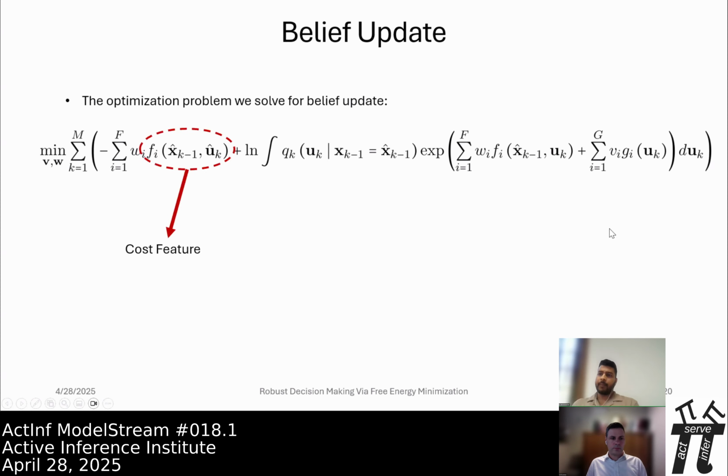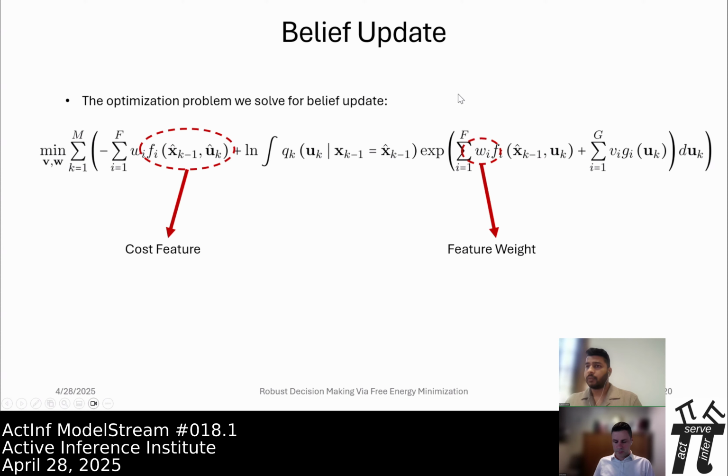The major components for this belief update are the cost features and the feature weights. The feature weights are what we want to learn by optimizing over the log likelihood function.